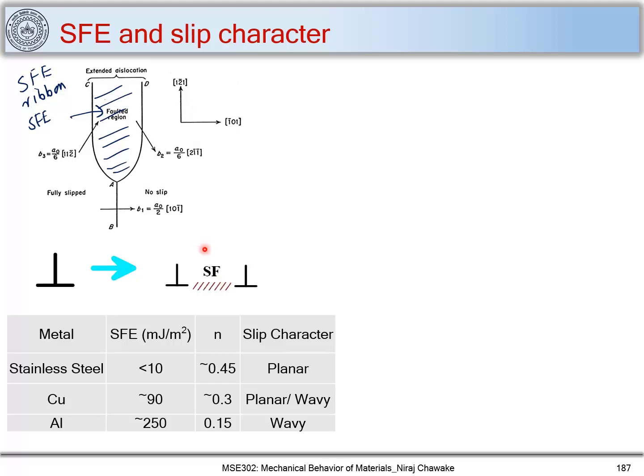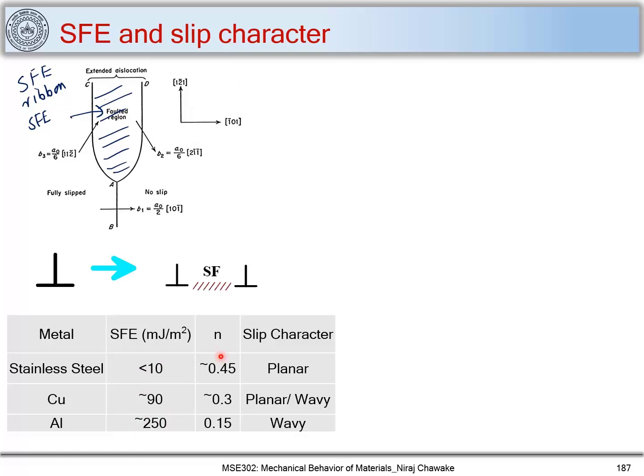Now let's look at stacking fault energy for different materials or metals, the strain hardening exponent, and the slip character. You can see the stacking fault energy for stainless steel, aluminium and copper. So you have low stacking fault energy, high stacking fault energy and medium stacking fault energy.